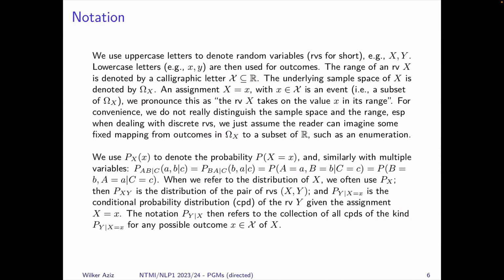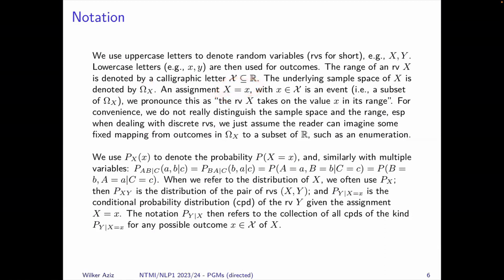And typically when you implement, if you ever implemented an NLP model, you remember you have some sort of dictionary mapping words to numbers, because natural numbers are easier to manipulate, as token IDs. So the IDs are kind of the range, and the underlying vocabulary of actual words, that's the sample space. An assignment is denoted like this.